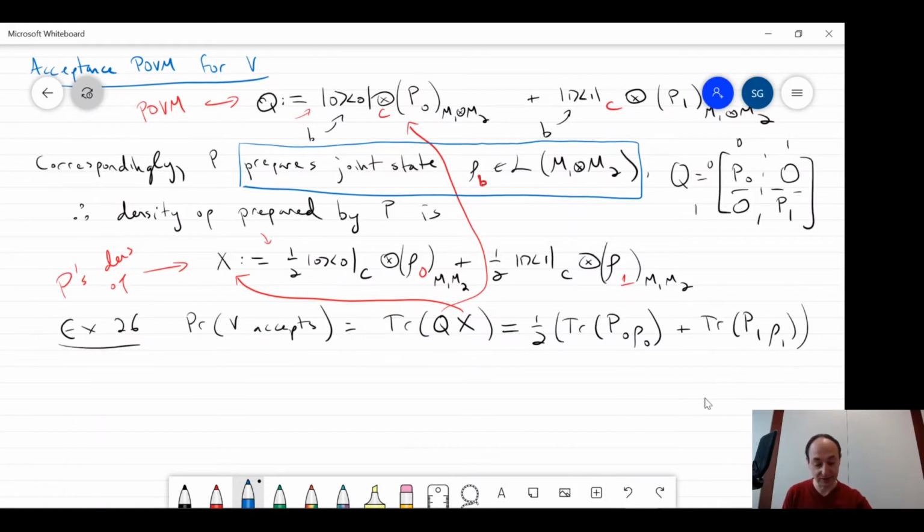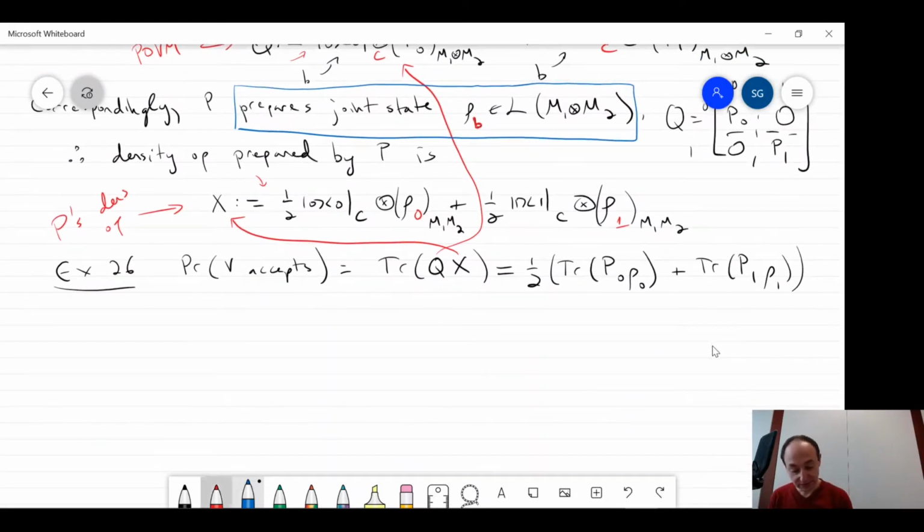And the way we do it basically is, so here's the catch. What we know is that this is true, right? Let me just write out the full thing first.